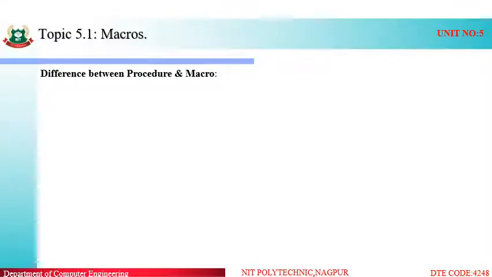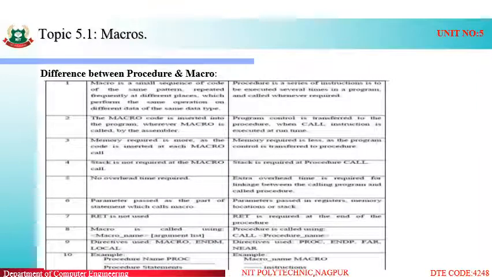Now coming to the difference between macro and procedure. In the programming context, a macro is a small sequence of code of the same pattern repeated frequently at different places. A macro is present repeatedly at different places, whereas a procedure is placed at a single place. This is the main difference.